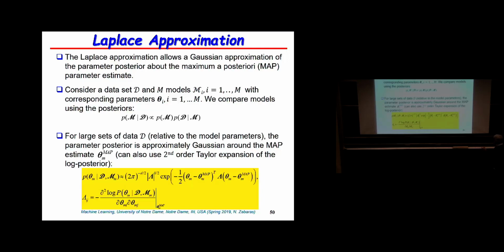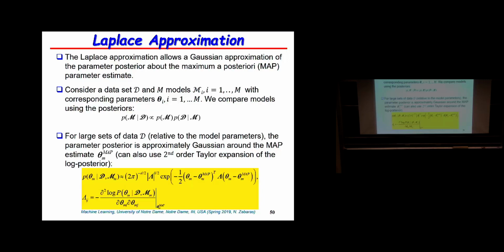So the Gaussian approximation to the posterior looks like this: the constant comes from the normalization of the Gaussian, it is centered around the MAP estimate, and A is minus the second derivative of the log posterior computed at the MAP estimate. This is extremely powerful.